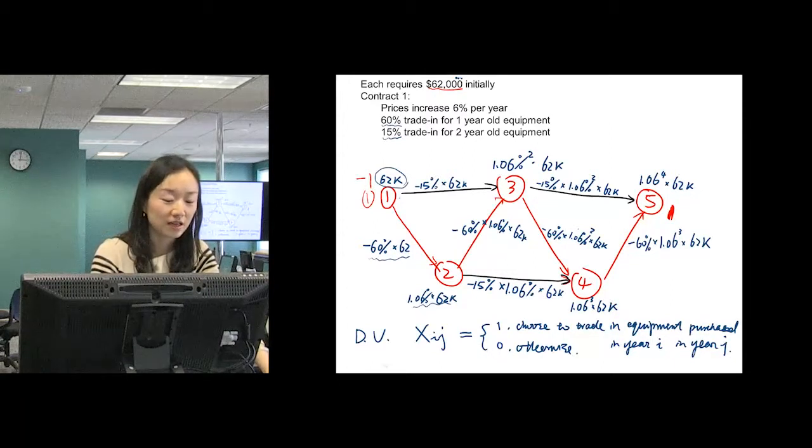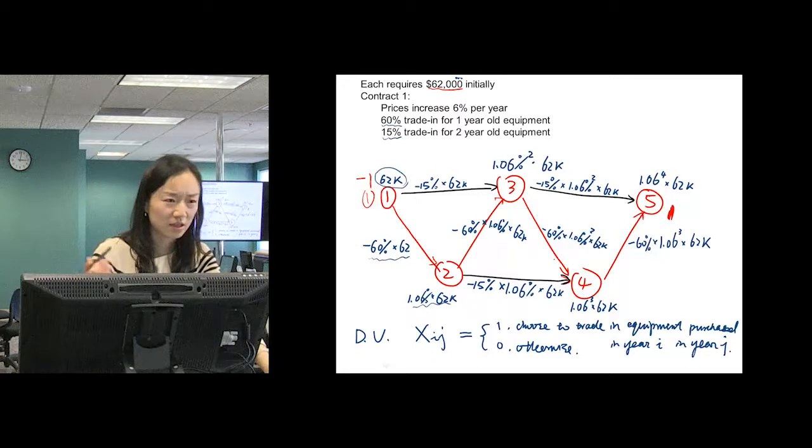So the logic is that, okay, if you're trading in the second year, and you choose this one, then you have to go from this second year to 3, which means that if you're trading this year, you can't just start from 4 unless you're trading in 3 to 4. So there is some logic involved in that kind of modeling. You can model this problem in a different way, but it's way too complex.